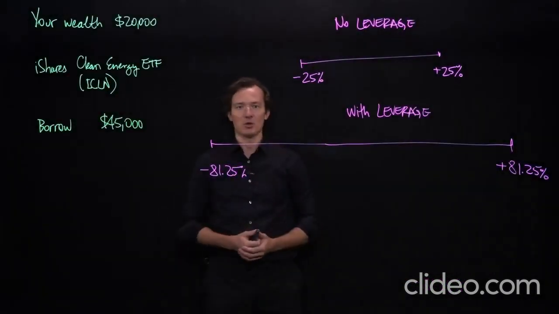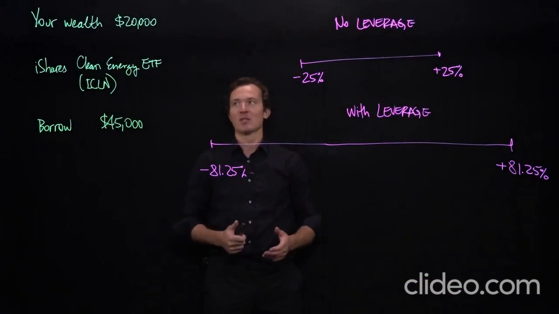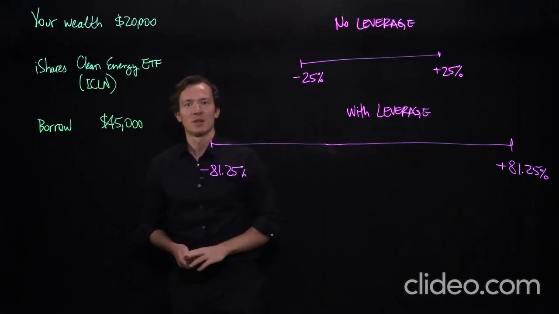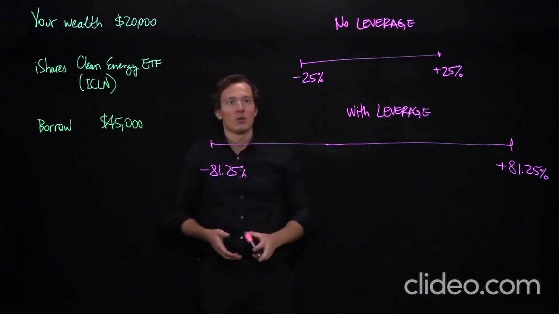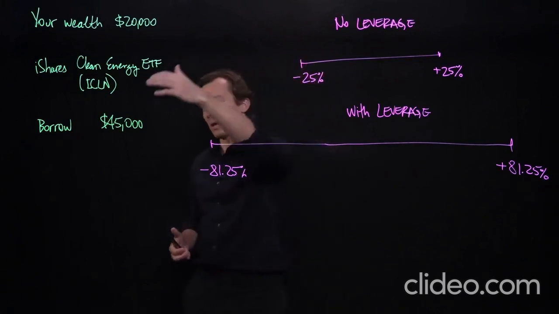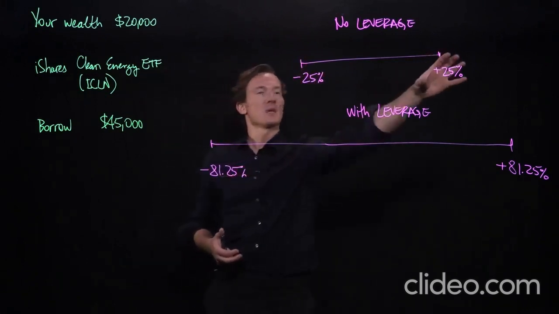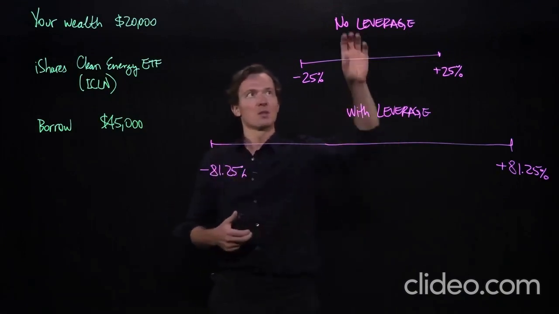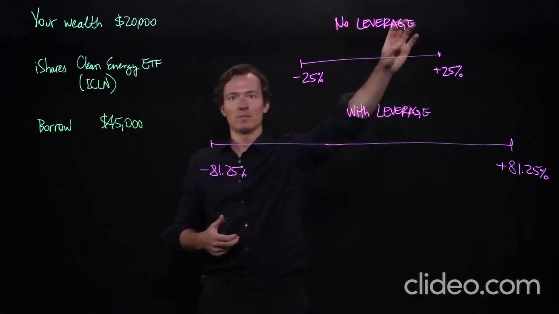So let's summarize this question. If we just invested our initial wealth into this clean energy ETF, the returns on our investment would have been either negative 25% if the value declined by 25%, or positive 25% if the value increased by 25%. So this is the situation when we had no leverage.